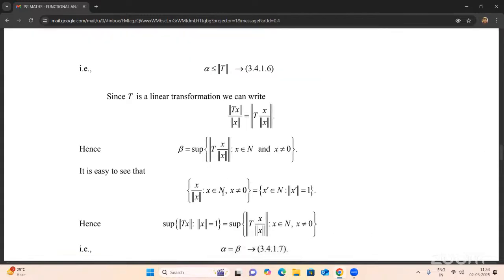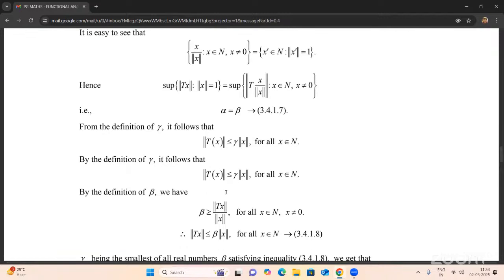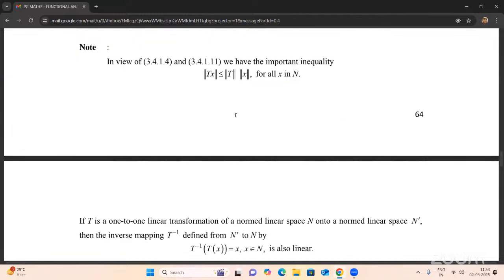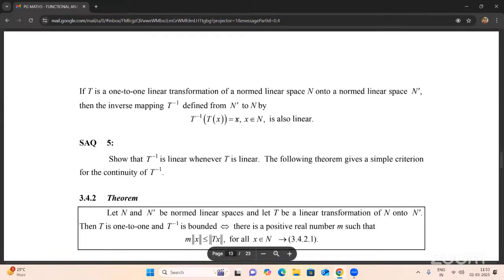Suppose the paper is in an indirect pattern, then this type of question is given: the norm condition is equivalent to norm T equal to alpha equal to beta equal to gamma. Now, norm Tx is less than or equal to norm T into norm x, and the inverse of the transformation, the identity transformation, is the multiplicative identity on the normed linear space.